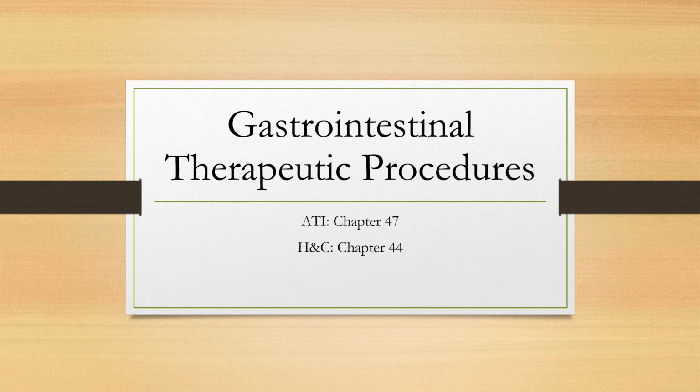We can send the fluid off and examine it to see if it's infected, to see what kind of fluid it is. And typically, someone with ascites, most often it's from liver failure and cirrhosis, okay?